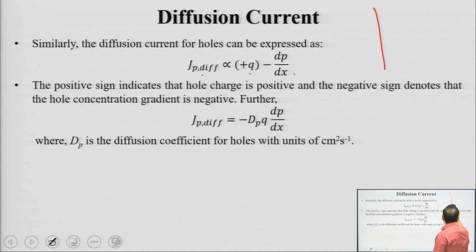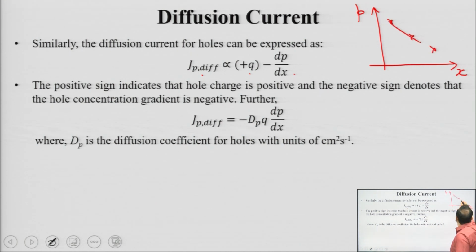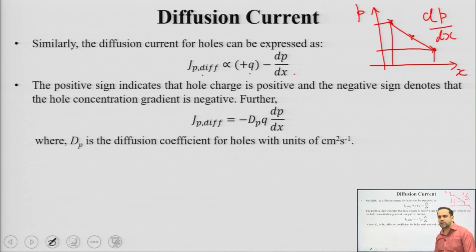So, if I plot the hole concentration with respect to distance, holes are going to move from a region of higher concentration to a region of lower concentration. This slope which you are seeing here, dP over dx, is always negative. Okay. So, always remember, whenever we are talking about diffusion currents, we want a concentration gradient, and this gradient is always negative. Okay.